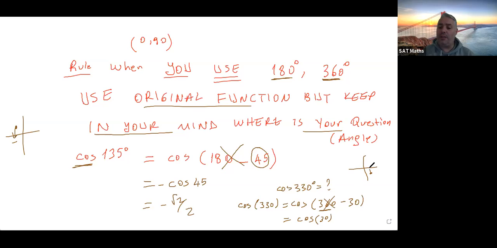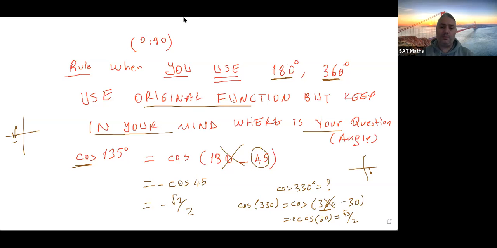In the fourth quadrant, cosine is positive. So the result is cosine 30, which is √3 over 2. If the question is sine of 330, the answer is sine of 30, but sine is negative. So negative sine 30, which is negative 1 over 2. It was our question. So this one, let me screenshot and I will send in Google Classroom to you.